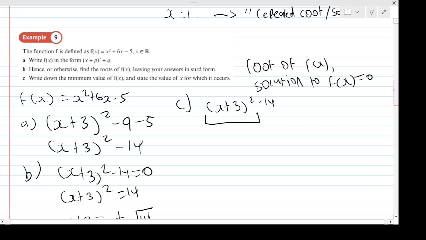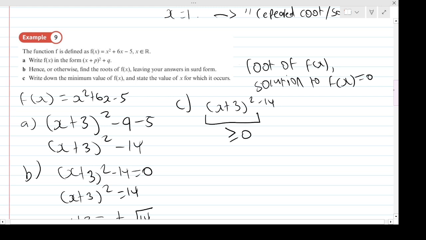We know that a square number cannot be negative, so it has to be at least 0. No matter what value of x you plug into x plus 3, if you square it, it has to be at least 0, because a negative squared will also be positive. So negative cannot happen. That's telling you the minimum value has to be at least 0.